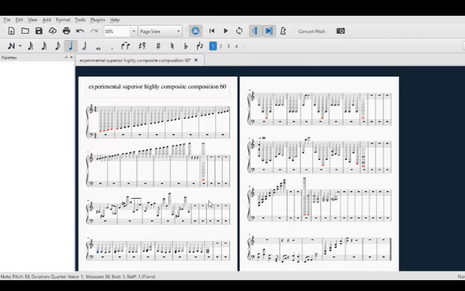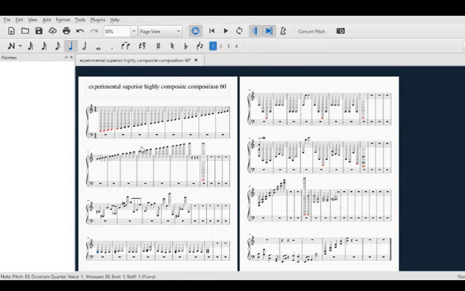And this is only for equal temperament. I haven't messed around with anything like mean tempered or any other more exotic temperaments. I'm using MuseScore, and I'm using this plugin called the Zen Harmonic Tuner.